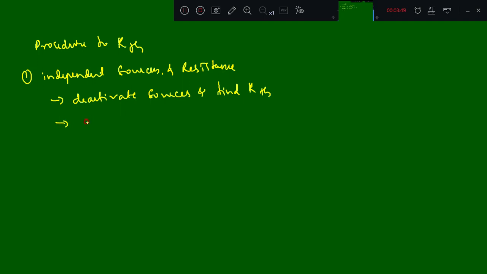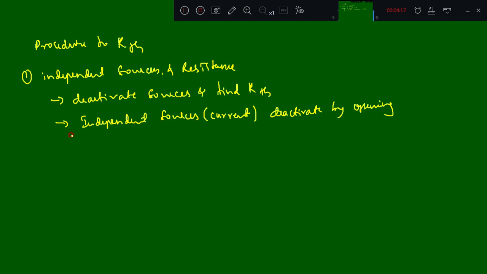Independent sources are deactivated as follows: a current source is deactivated by opening, and an independent voltage source is deactivated by shorting.